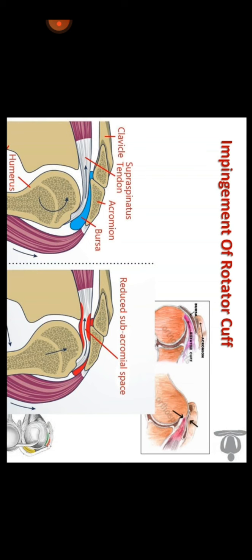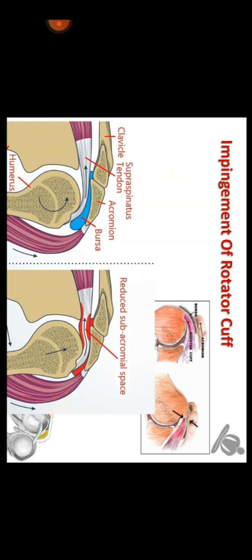Below this arc runs the supraspinatus tendon and the intra-articular portion of the tendon of the long head of biceps. Between the acromial process and supraspinatus tendon, there is the subacromial bursa also.